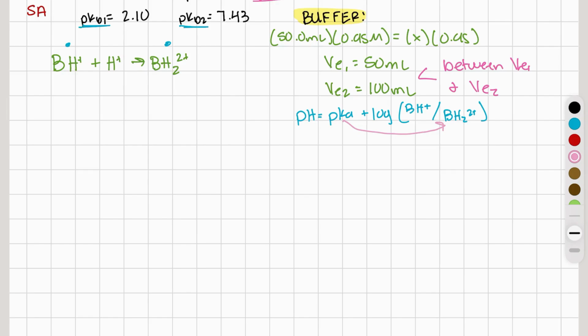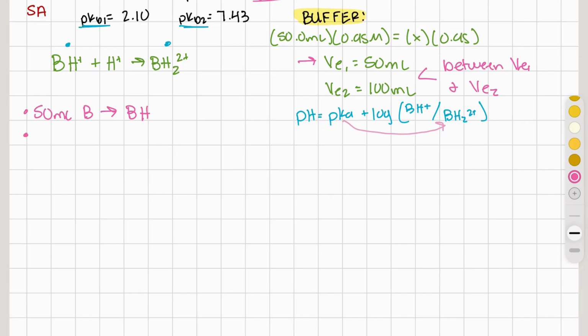Okay, so this one is just a little tricky because we have to conceptually think about what has happened, but I'll walk you through that. Some of that BH plus has been converted to BH2, but at VE1, at 50 milliliters, that is when all of the B has been converted to BH.